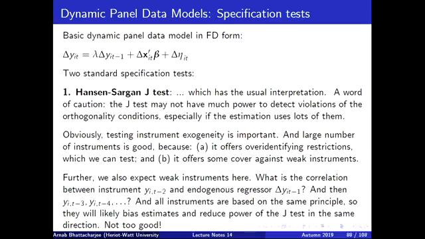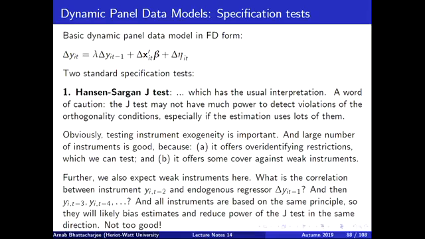Second thing, what does the J test tell us? Okay, so a small J test value, well, what is the J test doing? It is comparing the estimates for different moment conditions, right? Conceptually, if you had one endogenous variable and two instruments for that, what is the J test going to do?